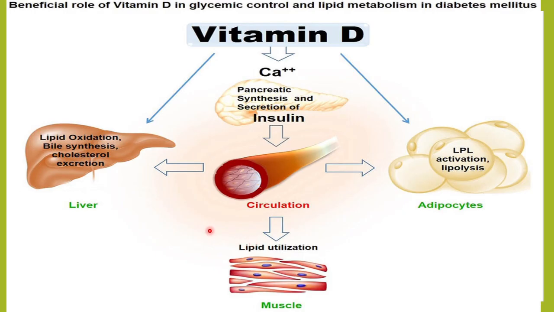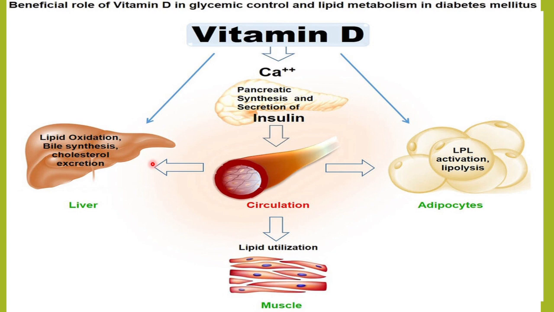Vitamin D, you all know, has a role in glycemic control and lipid metabolism in diabetes, because vitamin D will increase your insulin secretion, and once the insulin is secreted, it will help the insulin to be utilized by the muscles and by your fat cells. So it will increase the sensitivity to insulin. It will ensure that there is reduced lipolysis, etc. So patients who have less vitamin D can come with their sugar not being controlled.